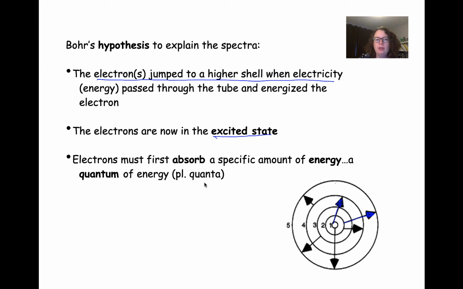In order to move from one shell to another, the electrons have to absorb a very specific amount of energy, which we also call a quantum of energy, or quanta if there's more than one. So that's kind of neat. Our electrons are able to move in between shells.